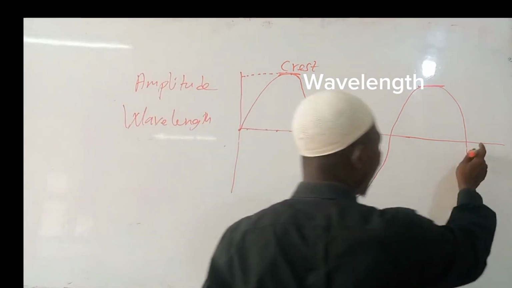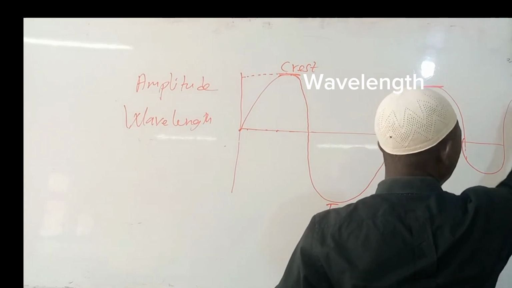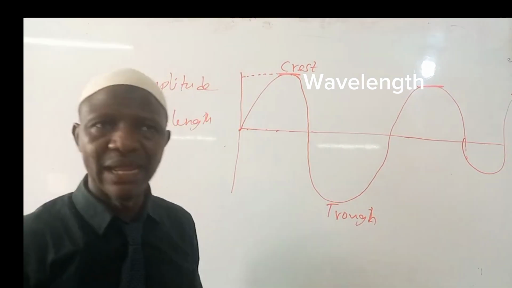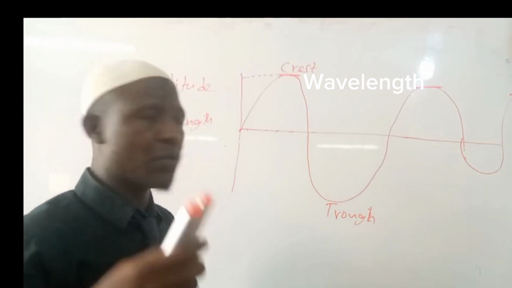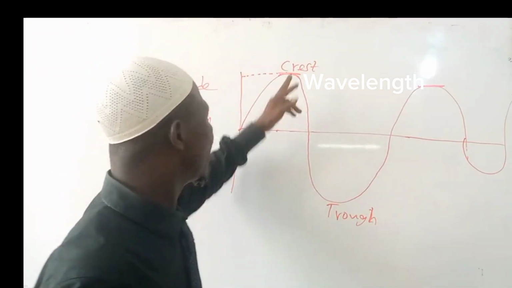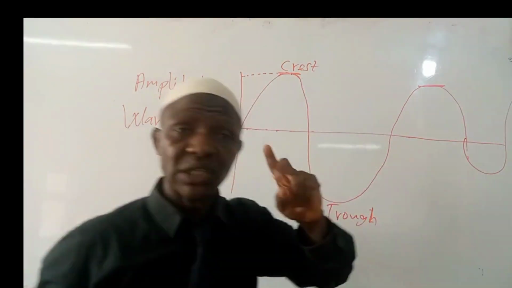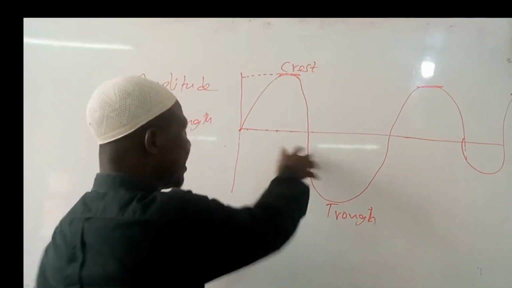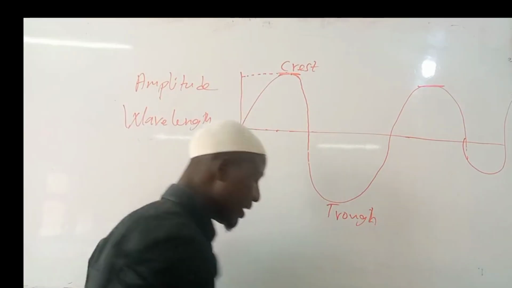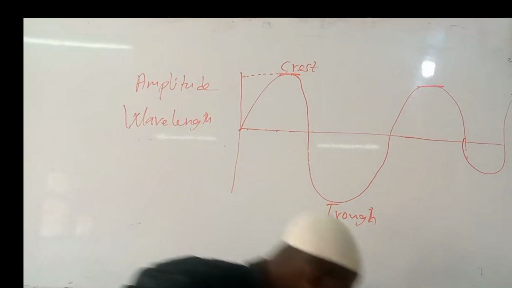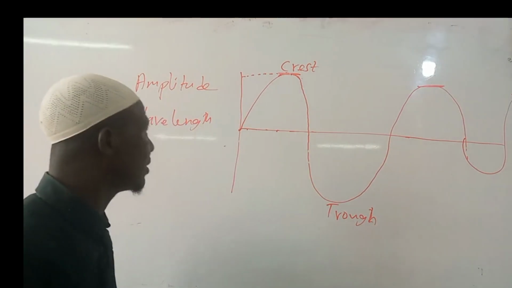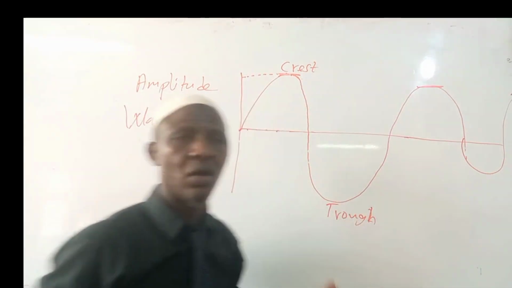Because if you have another crest here and you say the distance between two crests, you may refer to the distance between this crest and a farther one. Therefore, it must be two successive crests. This crest and this crest, that is wavelength.